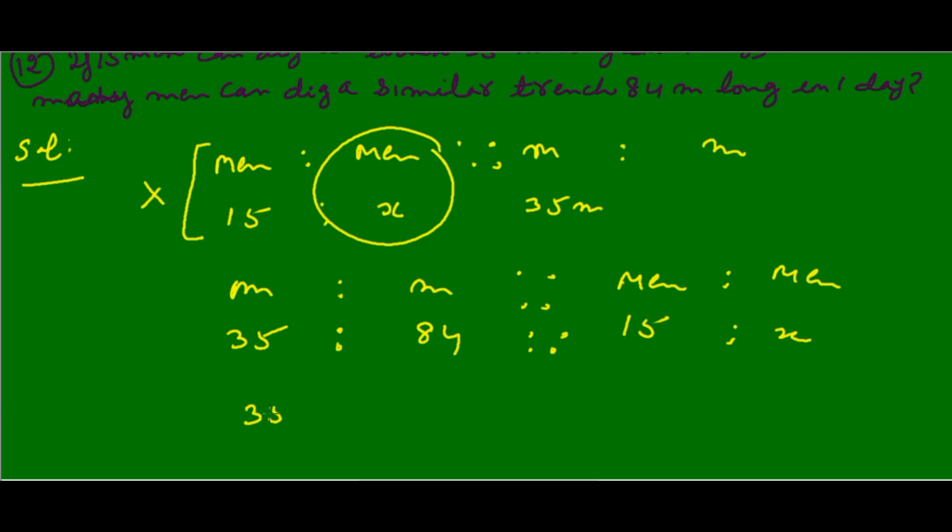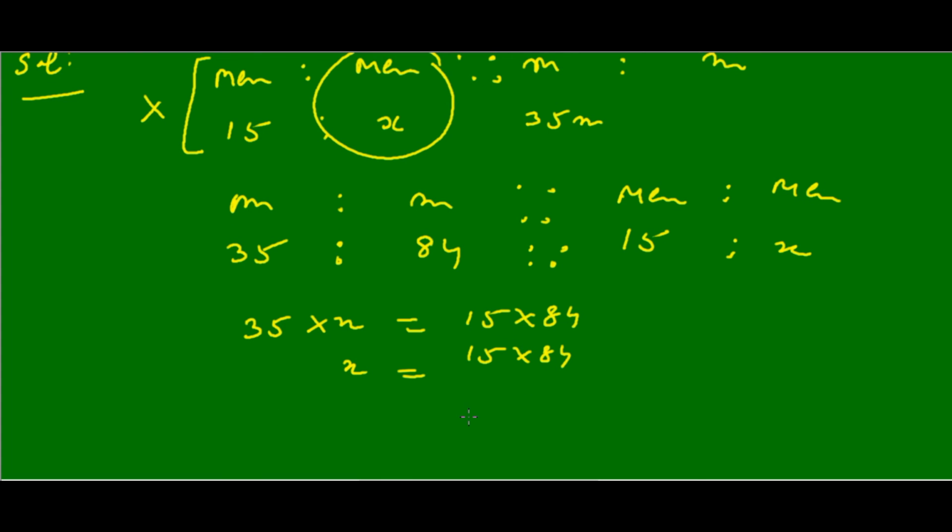So product of extremes, 35 multiplied by x equals 15 multiplied by 84. So x would be 15 multiplied by 84 upon 35.